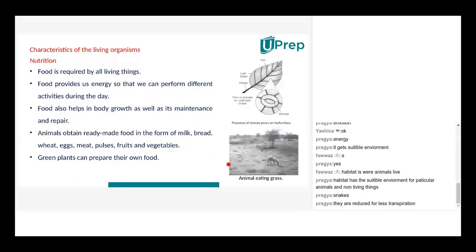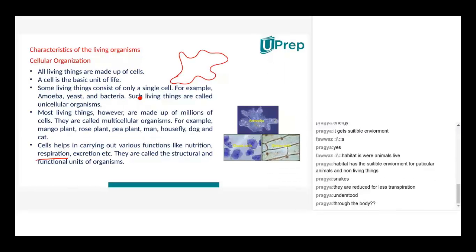Okay. Next, characteristics of living organisms. Ma'am, I'm not sure, does amoeba have some pores, something like that? Through that, does it take oxygen? Correct. So Pragya and Neha are almost correct. Remember, I had discussed the point called diffusion.